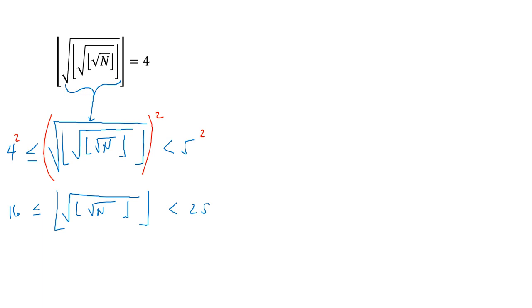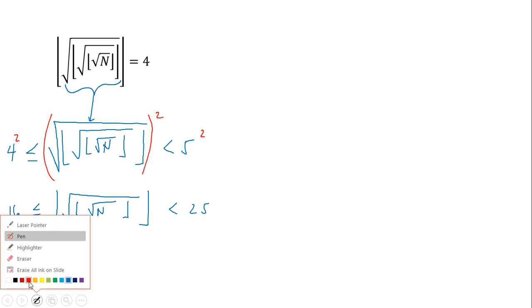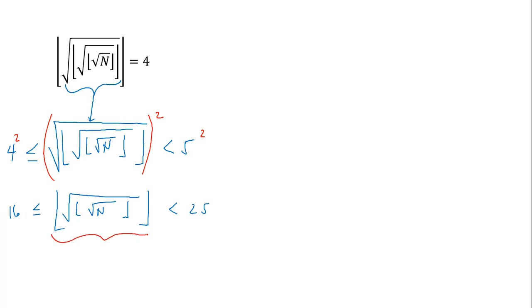We need the largest possible value of n. Based on this inequality, the possible values of this quantity in the middle are 16, 17, 18, up to 24. Now, how do we maximize n? We need to choose the largest possible value of this quantity in the middle, which is 24.